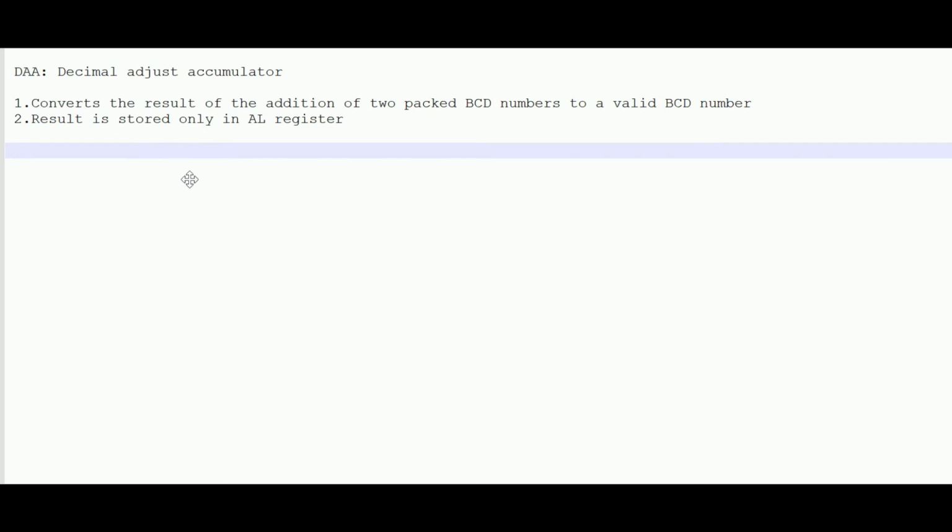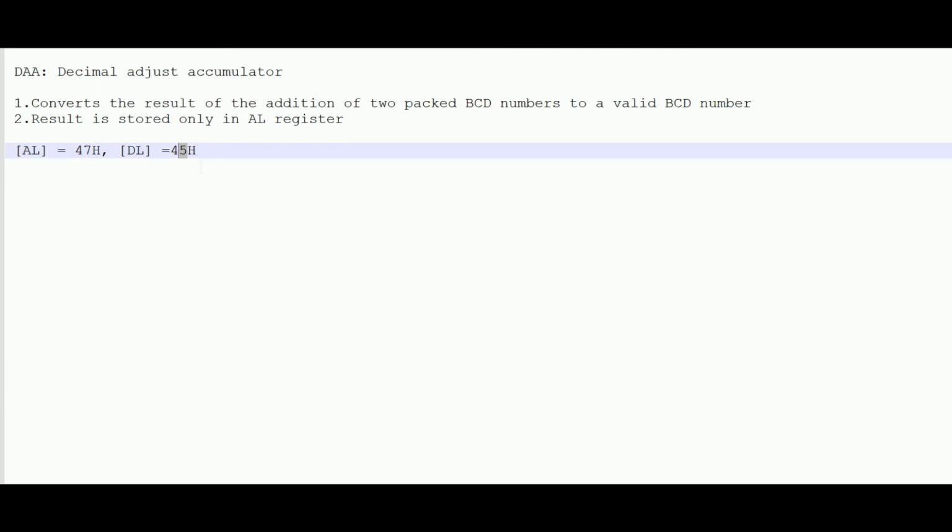So let us see one example in which the content of the AL register is 47H and the content of the DL register is 45H. So please note, now we are not taking into account ASCII values, they are just BCD values. 4 is one BCD value, 7 is another BCD value. Likewise, here 4 is again a BCD value, and 5 is another BCD value.